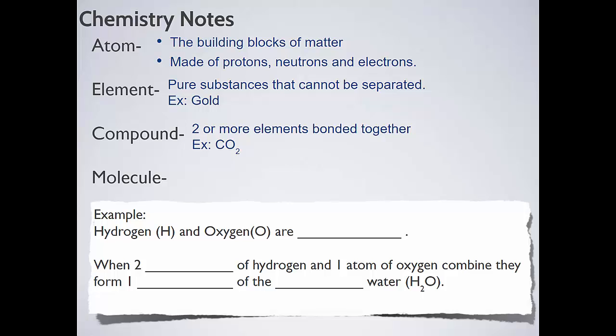No. Eventually I would end up with the smallest piece of carbon dioxide I could possibly have. If I took that smallest piece and split it again, what would I end up with? Carbon and oxygen. That smallest piece of carbon dioxide is what we call a molecule. A single molecule of carbon dioxide.